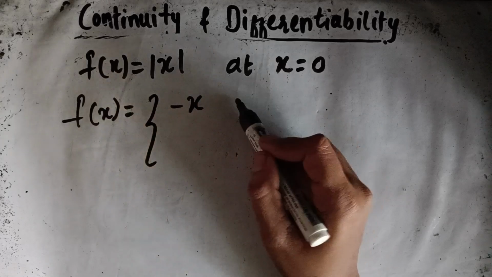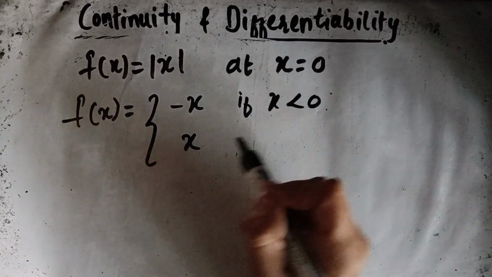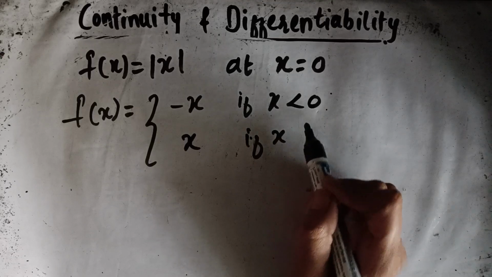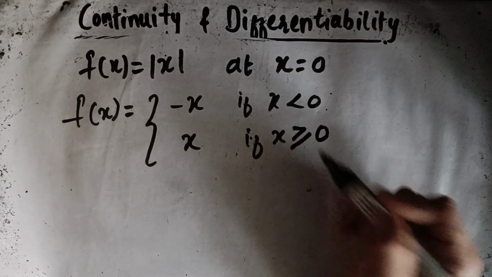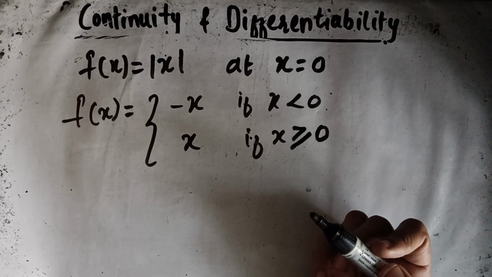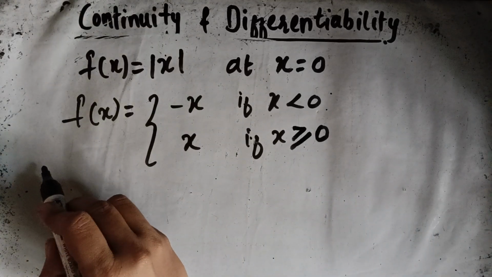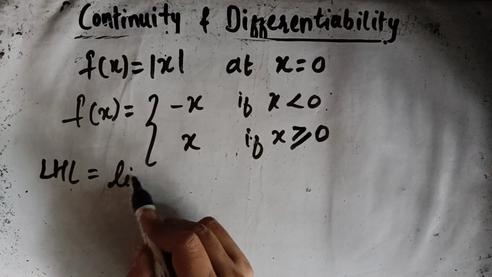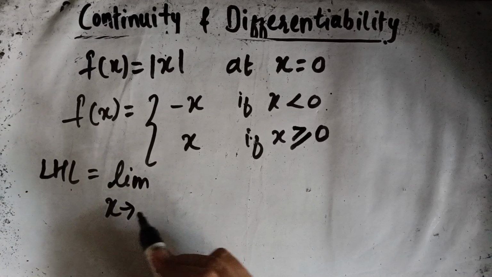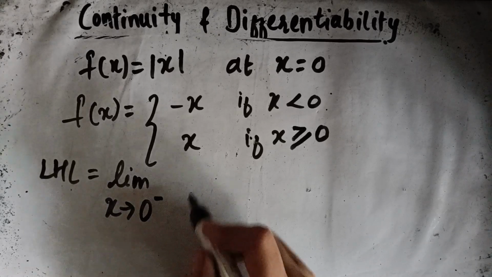It is minus x for x less than 0 and x for x greater than or equal to 0. Starting with our LHL, limit as x tends to 0 minus.